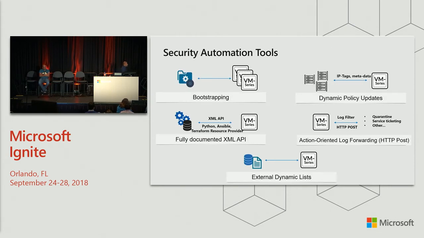So this is an overview of the different kinds of automation tools that are possible. First, you want bootstrapping of the security appliance so that it can completely automate the firewall policy. It does not need to be that you deploy a box, then somebody manually logs in, configures it, all that, right? So bootstrapping is an automation fundamental. Then moving down, all the security tools should have a really good API, right? Cloud has really good APIs, so you want APIs.